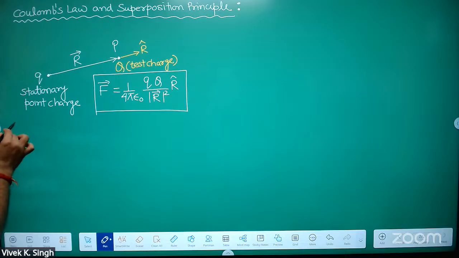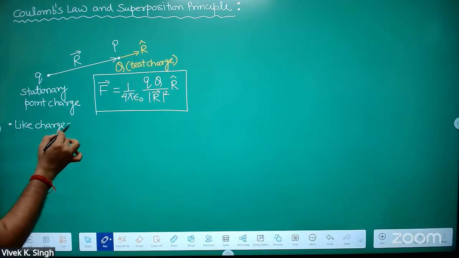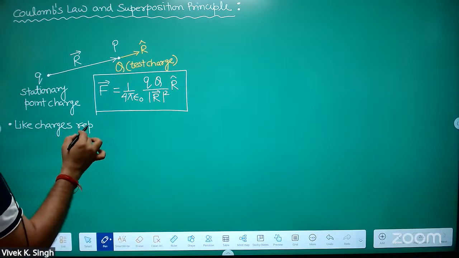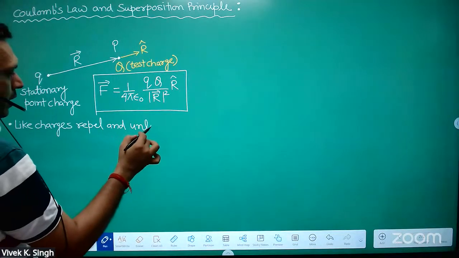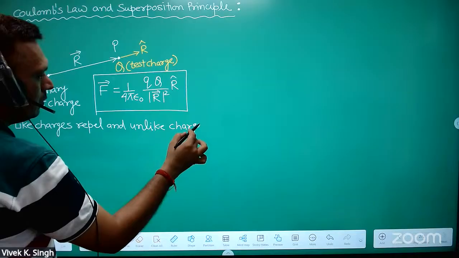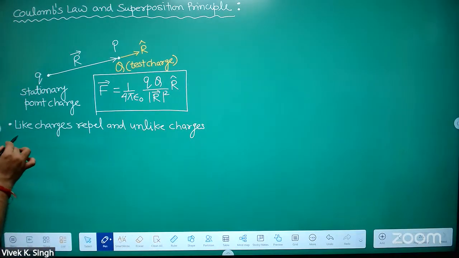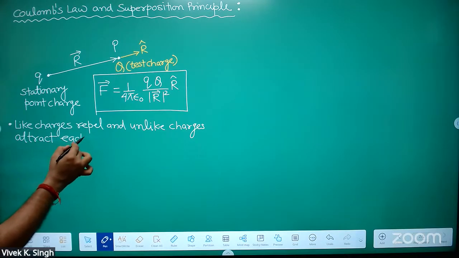And you should note that like charges repel and unlike charges attract each other.